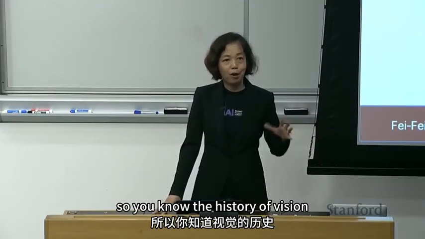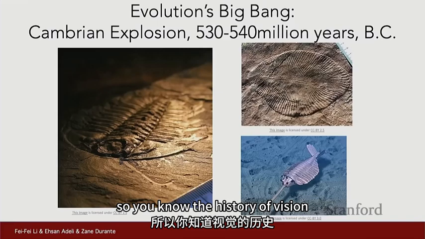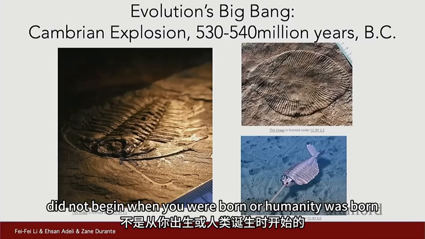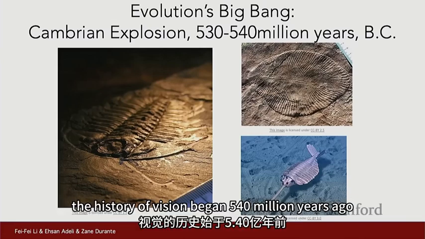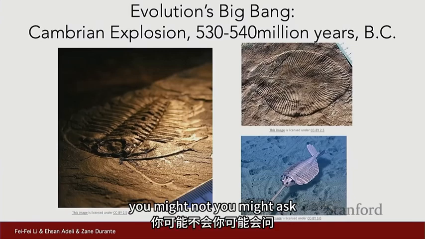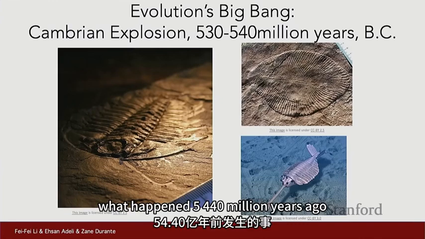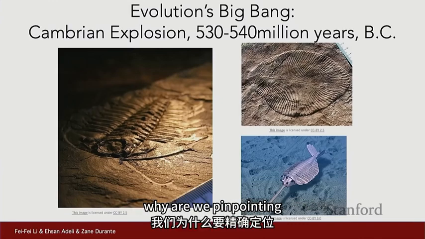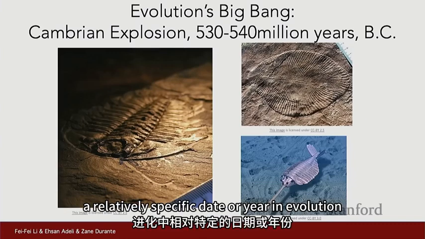So, the history of vision did not begin when you were born or humanity was born. The history of vision began 540 million years ago. You might ask, why are we pinpointing a relatively specific date or year in evolution?